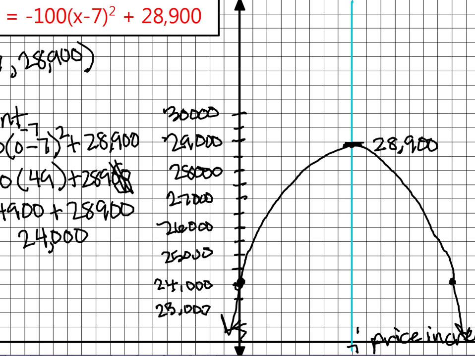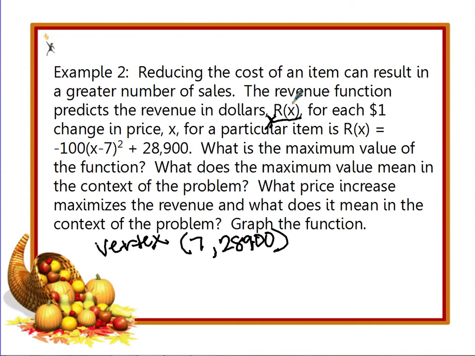Let's go back and take a look at our questions. First question was, what's the maximum value of the function? Our vertex was our maximum value, so our max was at 28,900. What does that maximum value mean in the context of the problem?